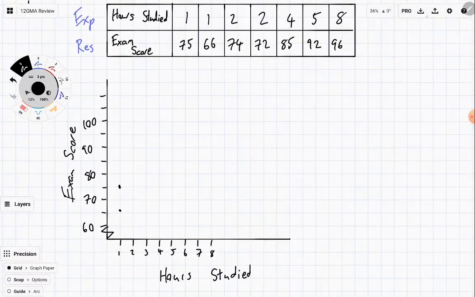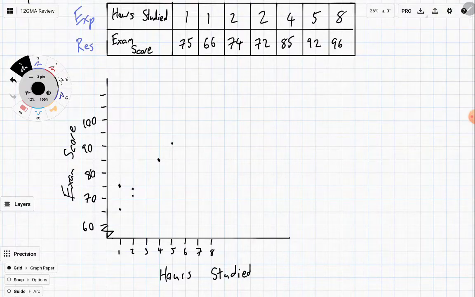So we're going to get 274, 272, 485, 592, and 896.